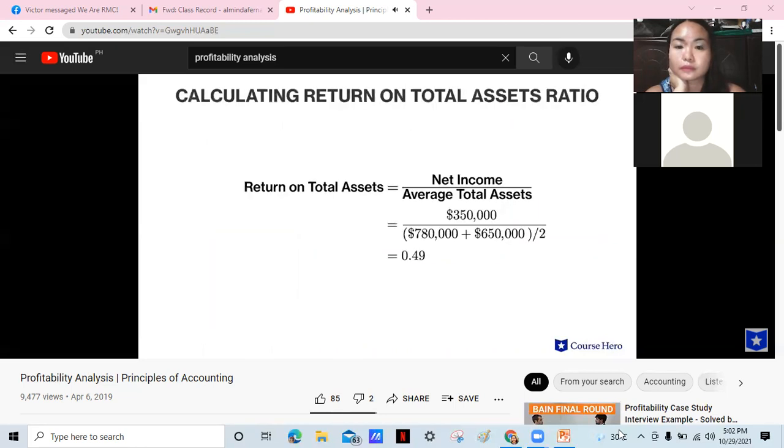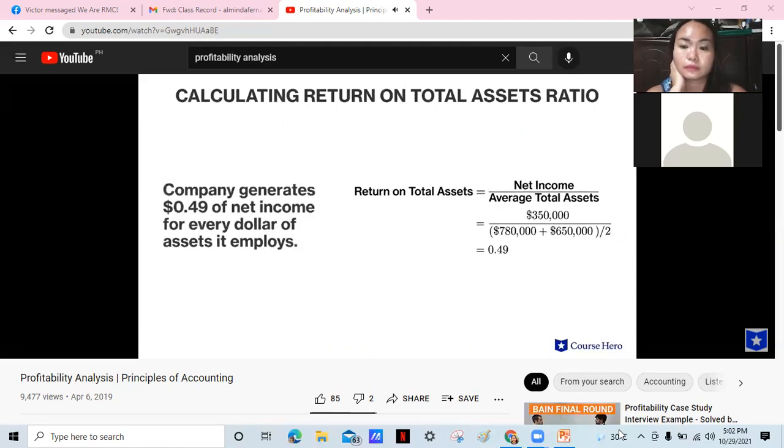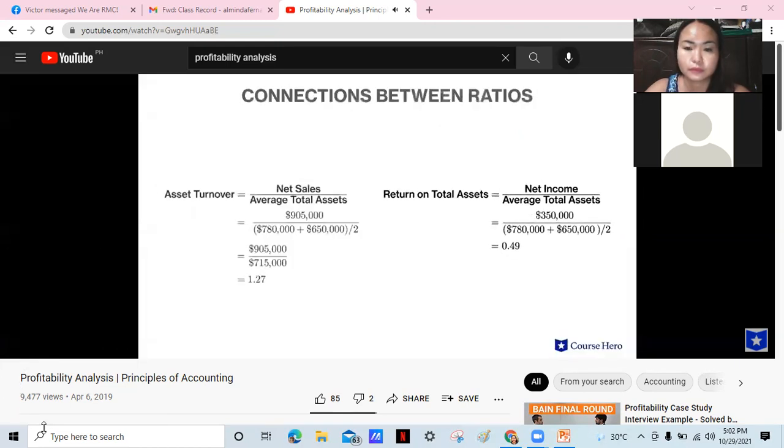The return on asset ratio would be $350,000 divided by the average of $650,000 and $780,000. The result, 0.49, indicates that the company can generate 49 cents of net income for every dollar of asset it employs.